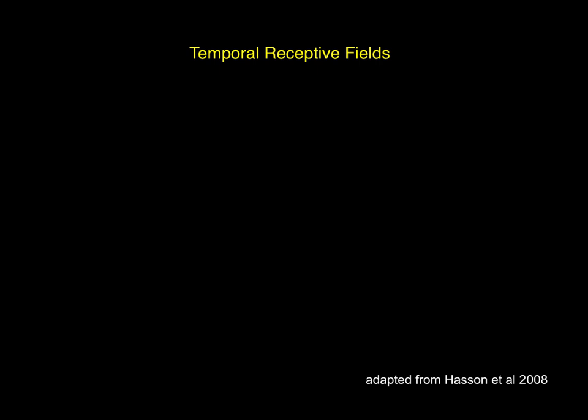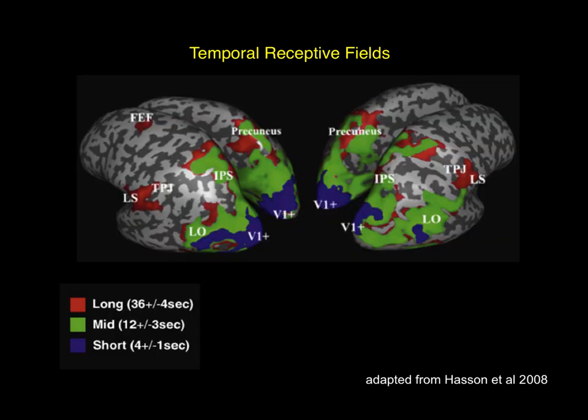Another use of these types of naturalistic stimuli is that you can start looking at how the brain is processing temporal information. And what I mean by that is coherent temporal information. So if you have more coherent temporal information, meaning a longer set of frames that are all showing you the same scene, versus short cuts.